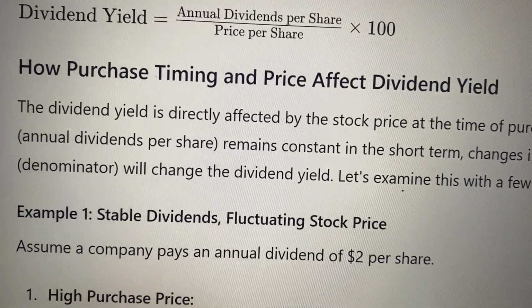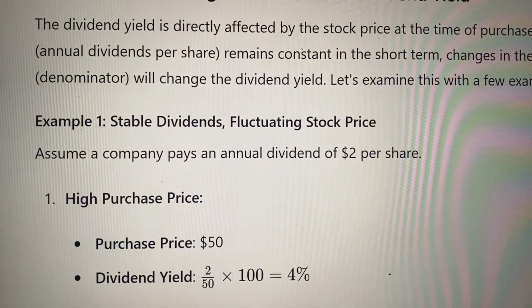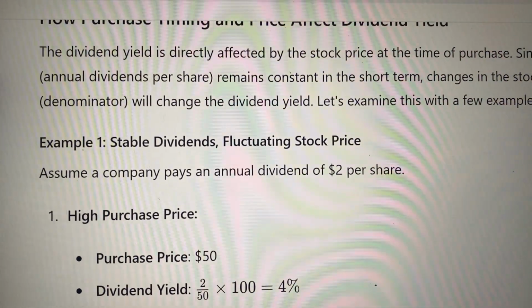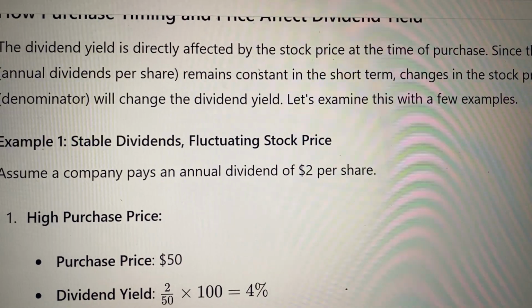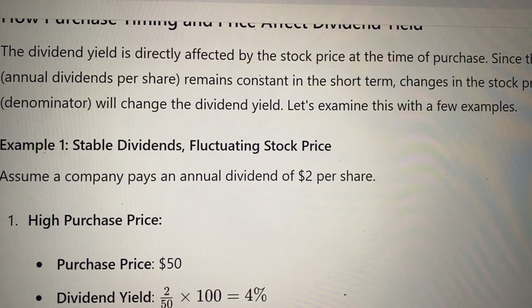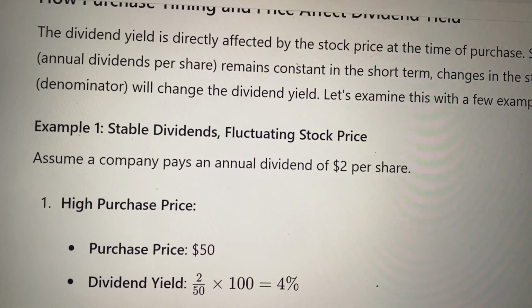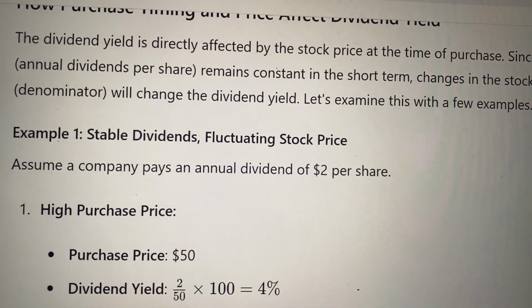And we go up to example number one. Example one, stable dividends, fluctuating stock price. So the dividends stay the same, but the price of the stock changes. Assume a company pays an annual dividend of $2 per share.